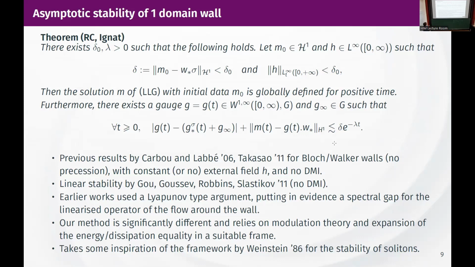What is important here is that I think all results except one have no external field, and when they have an external field, it's a constant field. When it's a constant field, then it's very different because they can perform the analysis that I talked about, and also they don't have the Dzyaloshinskii-Moriya interaction.